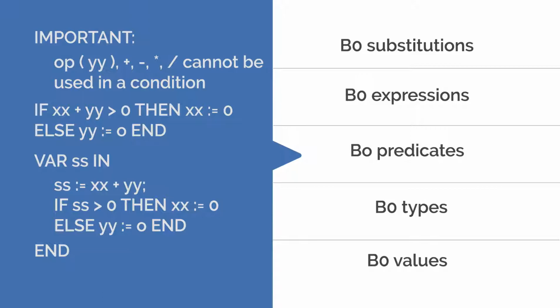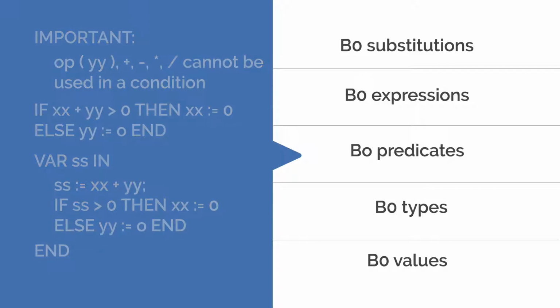And then we use that variable in the condition. So our alternation becomes if SS greater than 0, then XX receives 0, else YY receives 0, and we close the block, the variable block, also with the end keyword.